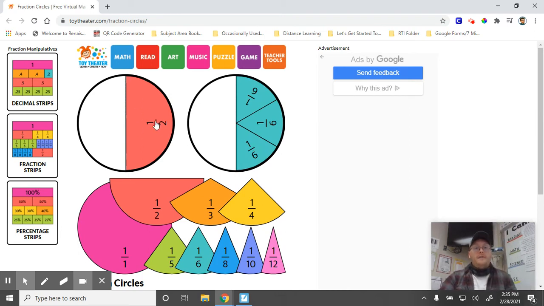So I have this half, which represents half in this case. I want to know what's equivalent to this pink half. Well, I know that 1/6, 1/6, and 1/6 is the same thing as saying half. I could also do eighths. I could do 4 of those. I could do 5 of the 10ths. I could do 6 of the 12ths.